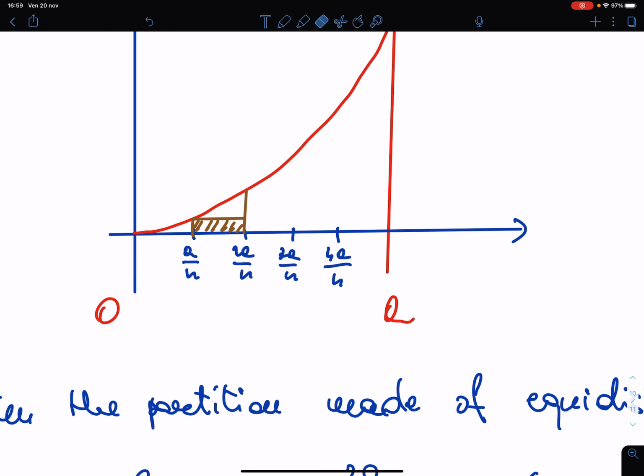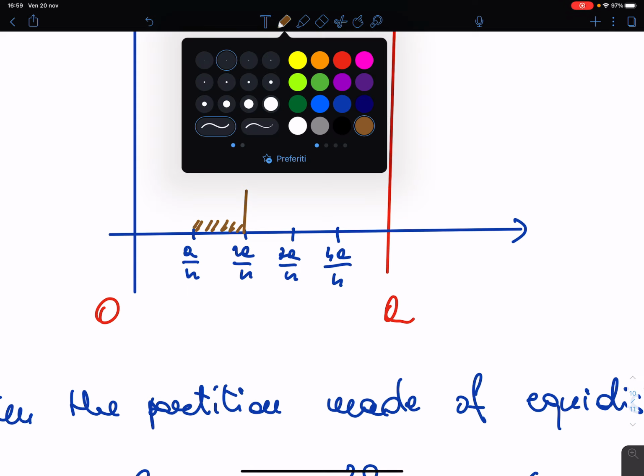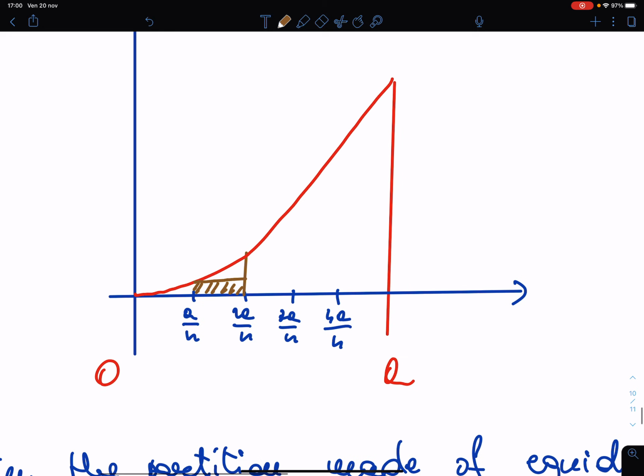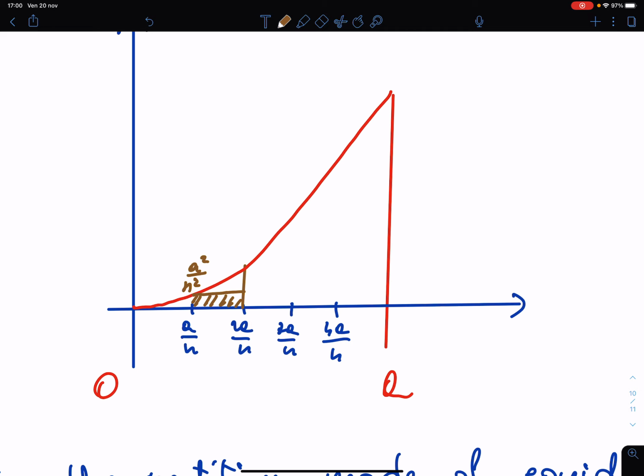And how much is this area? The area is the height of this point, which is a squared divided by n squared, and the base is simply a over n, because it is 2a over n minus a over n.